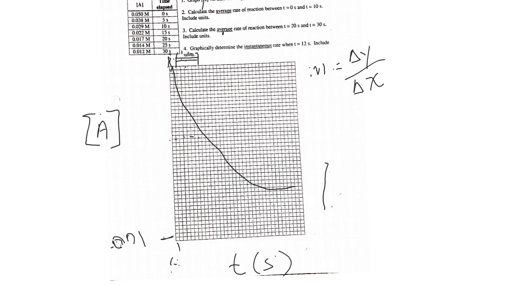All right, so your change of x is going to be your time. So in this first one here, I can easily do time for you, because our time is going from 0 to 10, so our final time is 10 seconds. So we're 10 minus 0.